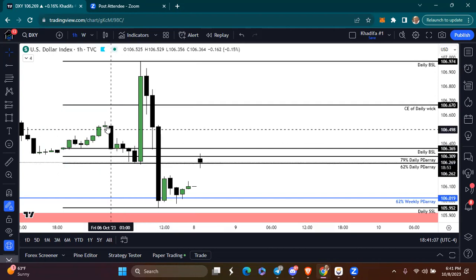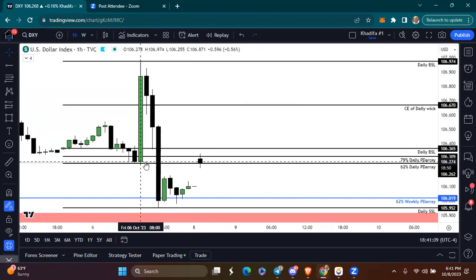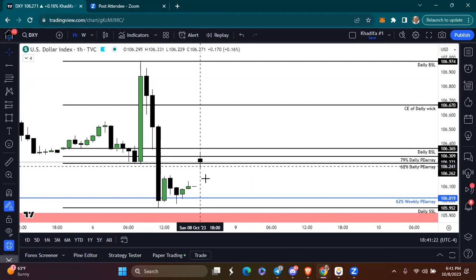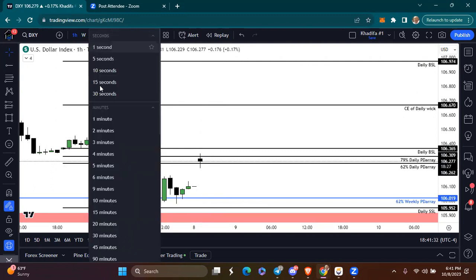See this low, we see the high to the left of it, high to the right of it, right? So let's see if price respects this breaker in this premium PD array level that we're currently sitting at right now. And let's see if we can get price to start to show willingness to go lower from these levels, right?